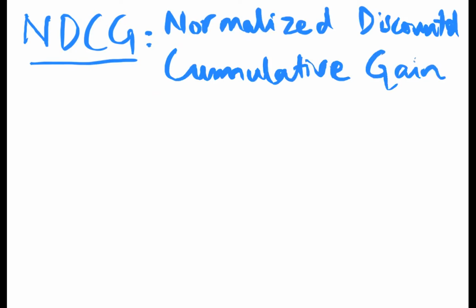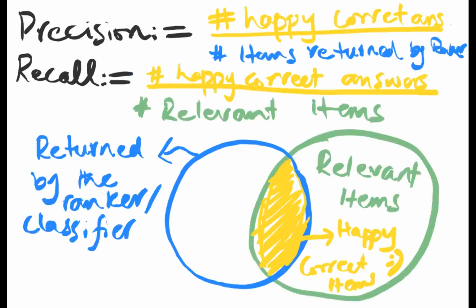The reason for this metric is that it is very useful for the purpose of ranking. If you go back and see these metrics, there's no intuition of how good the list of results returned by the ranker is, because they are not measuring that.